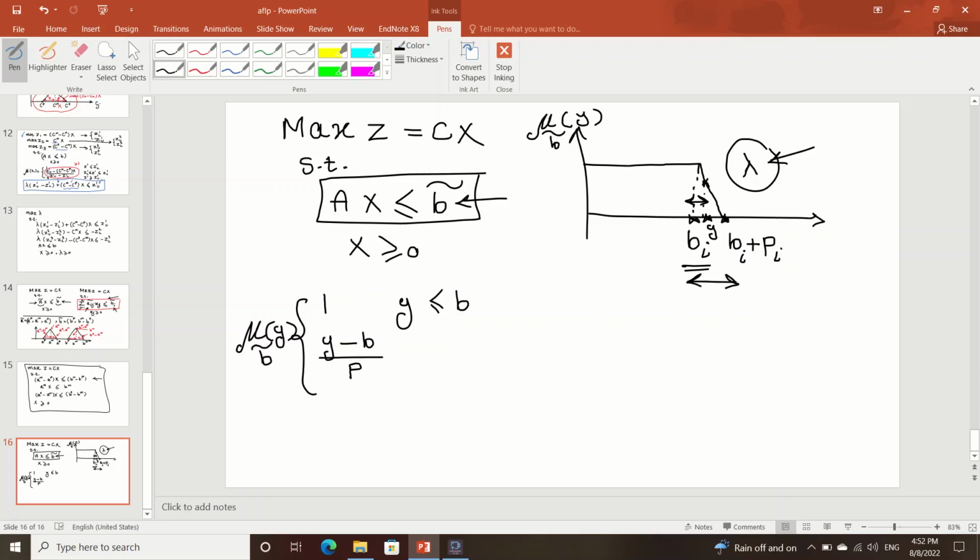What is p? P is exactly the allowable deviation, as you saw before in the structure of maximum fuzzy or minimum fuzzy for obtaining the membership function. And this is the tolerance.